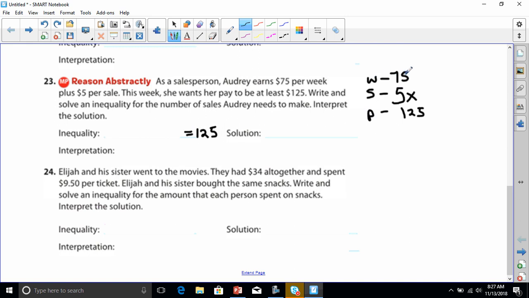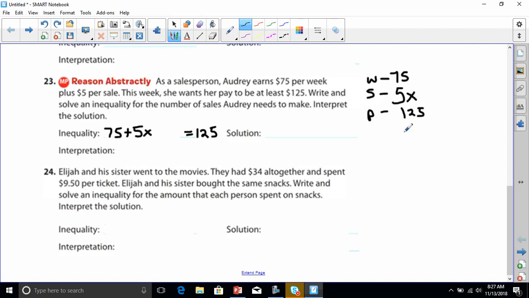Next, I know that she gets per week. Remember, this week she wants to earn this. So in 1 week, it's $75. We're going to add it to the amount of sales, which is going to be $5 times x. And all that's going to equal $125. All right, that is our inequality.